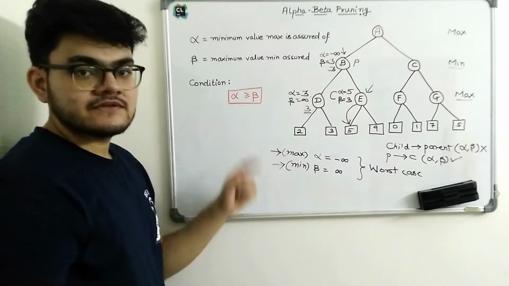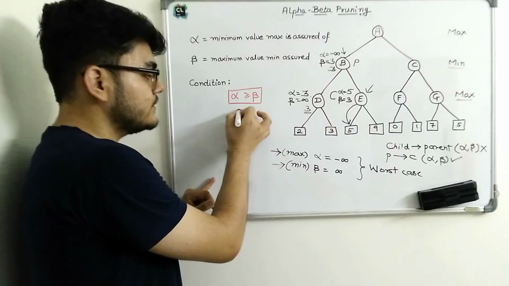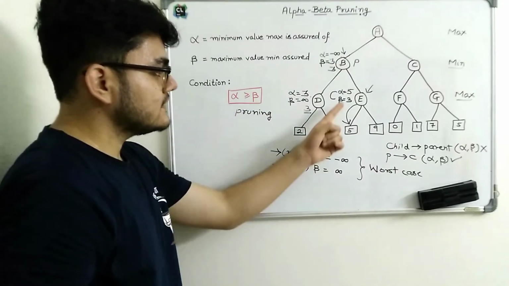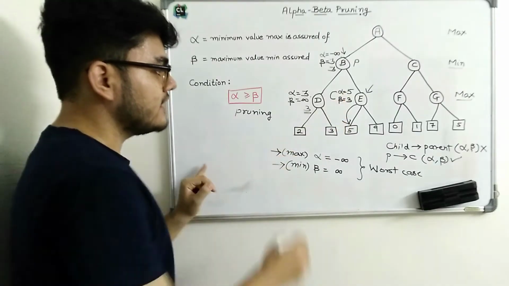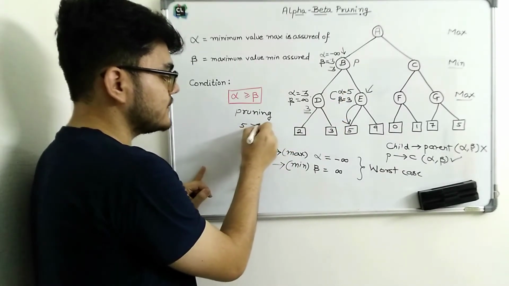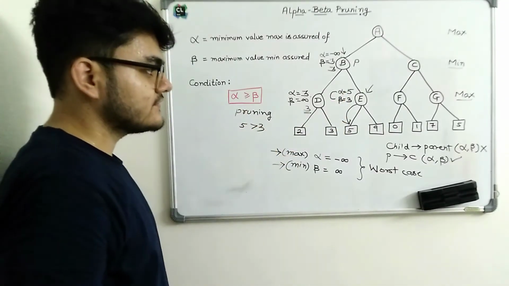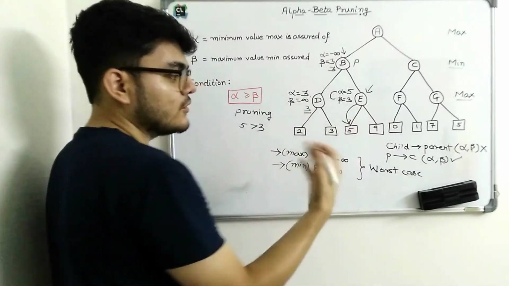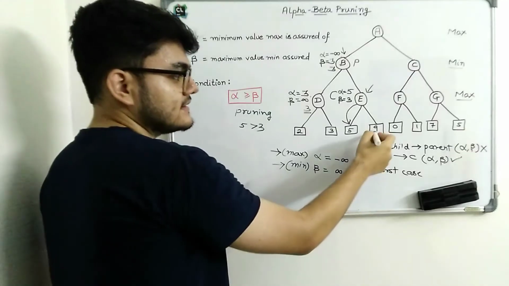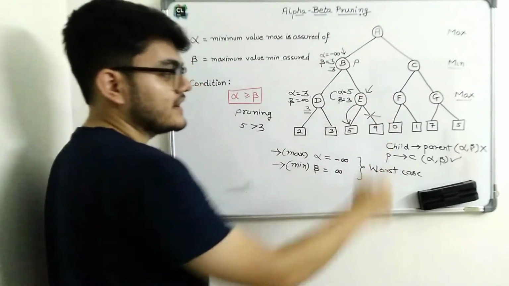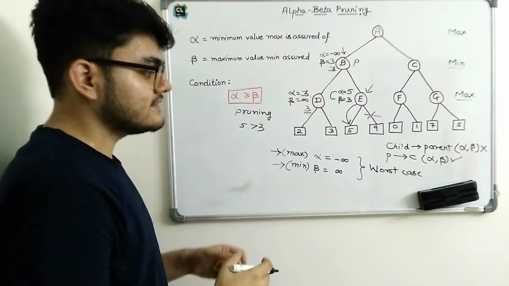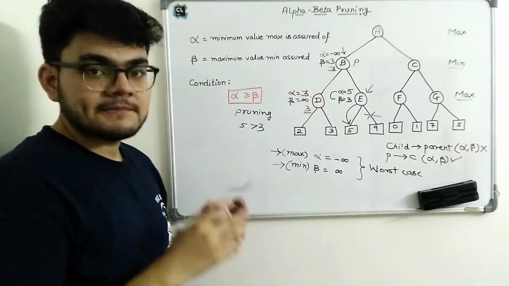If this condition is true, we can actually do the pruning. And you can see here alpha is equal to 5 and 5 is greater than 3. So the condition is satisfied. So if there are some more states remaining to explore like this, we can actually prune it. That's the main important point that you need to consider while pruning.